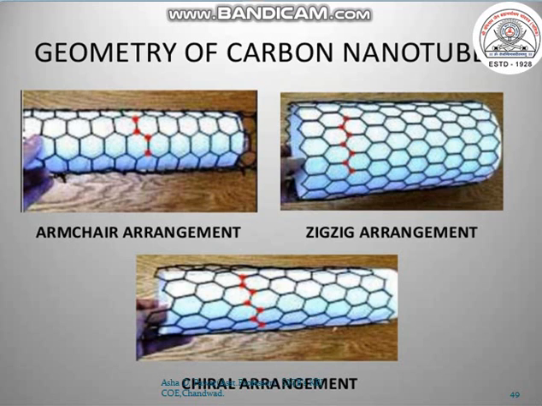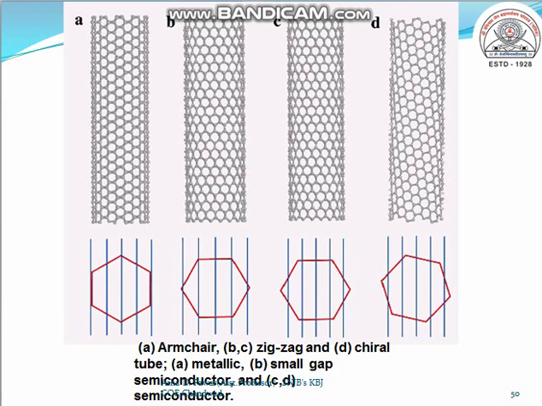The arrangement of carbon atoms or hexagonal rings is different. See, in armchair, zigzag and chiral. This is a twisted structure, and the arrangement of hexagons is different. It is twisted, but here the arrangement of hexagons is straight. That's why armchair carbon nanotubes are metallic.